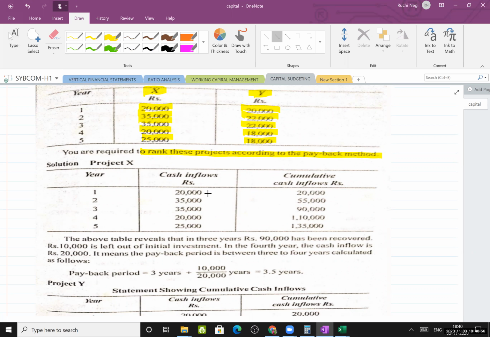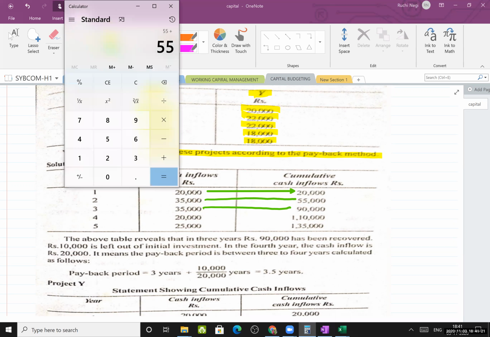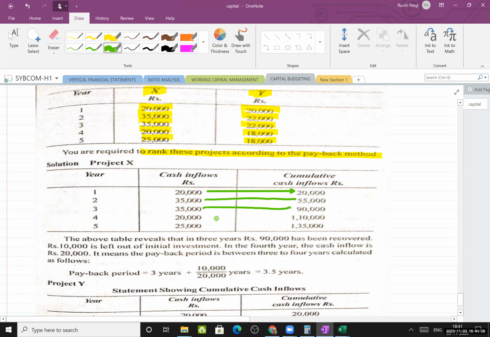First year 20,000, then इसका total add कर दो. 20,000 plus 35 is how much? 55. Add it, 55 plus 35 is how much? 90,000. 90,000 plus 20,000 is 1,10,000.